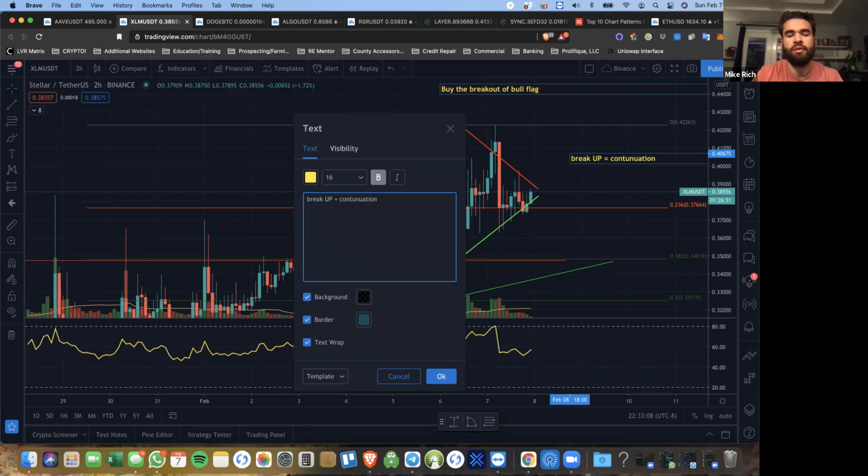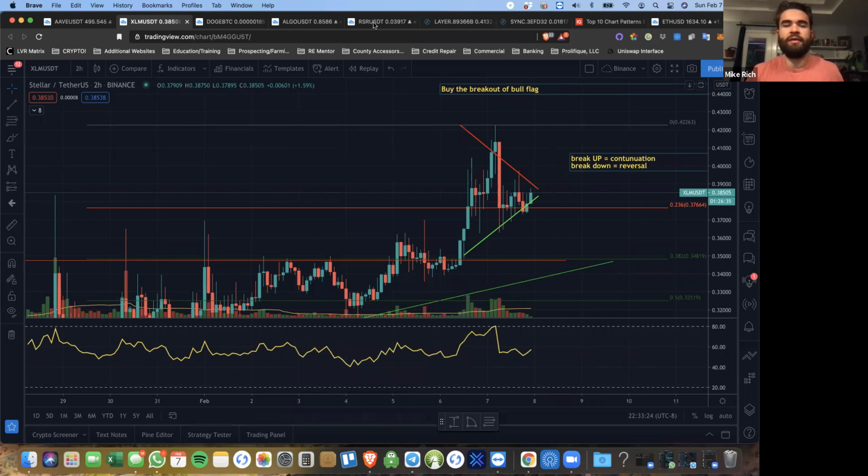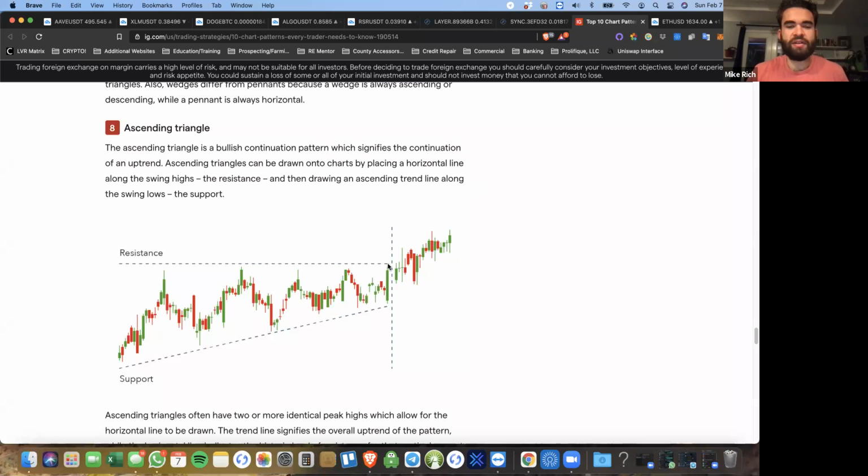Continuation, whatever, I'm spelling it wrong, guys. I'm half asleep. Break up, continuation; break down, reversal. Those are pretty easy words to understand. So let's go back. These ascending triangles, we're seeing this a lot.